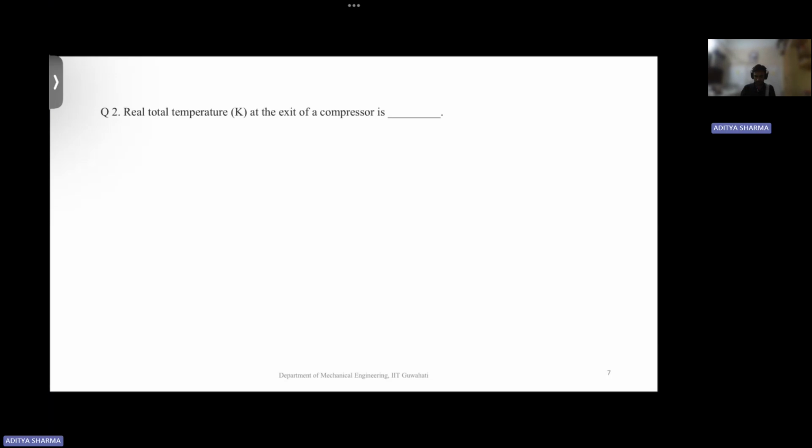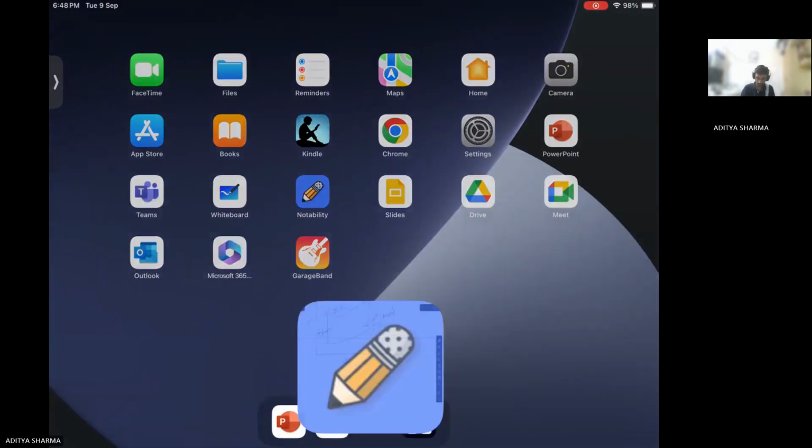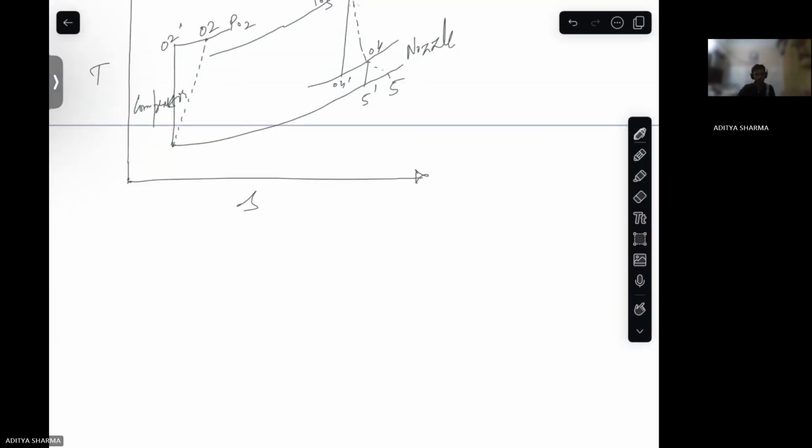Real total temperature at the exit of compressor. We have to see. We will solve it. Real total temperature basically is T02.